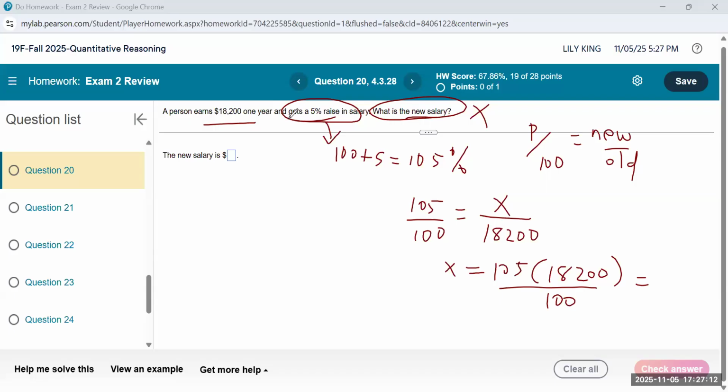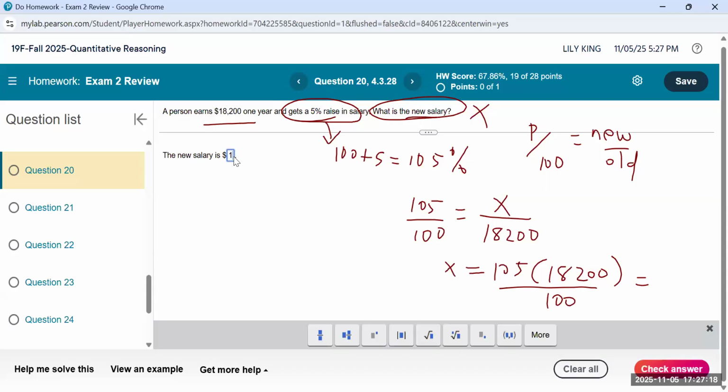This is 19,110. Now, another way you can also solve this, if you don't like this approach, you can find the increase by multiplying 5% by 18,200.